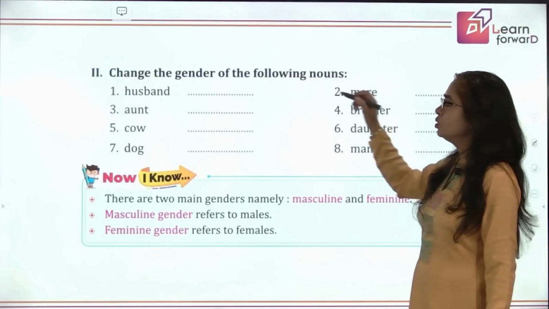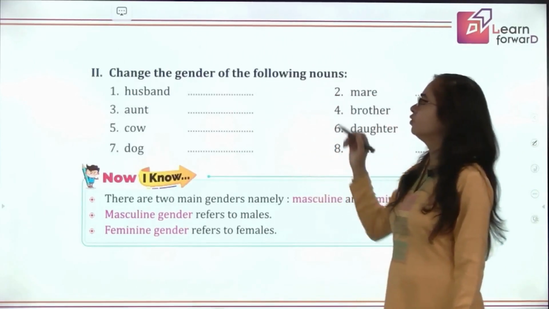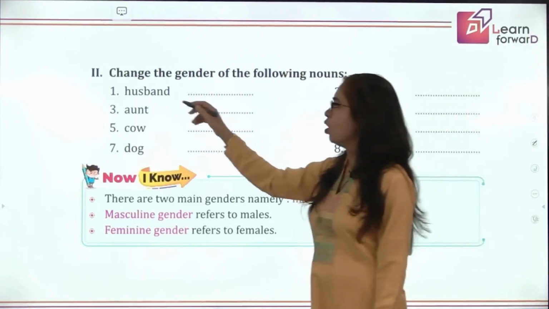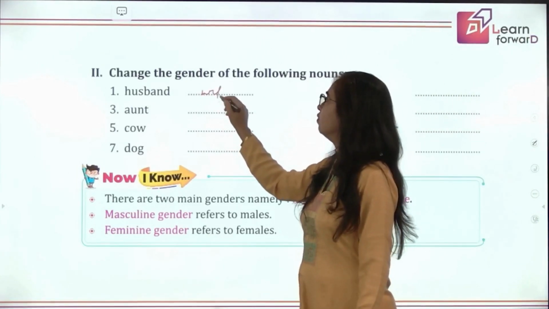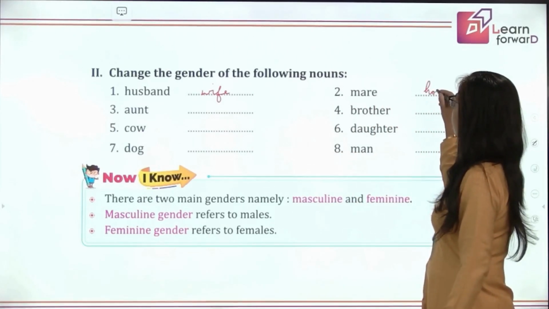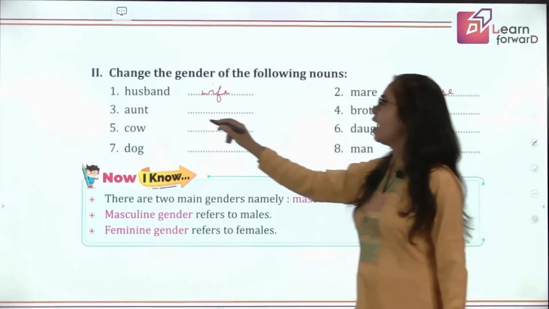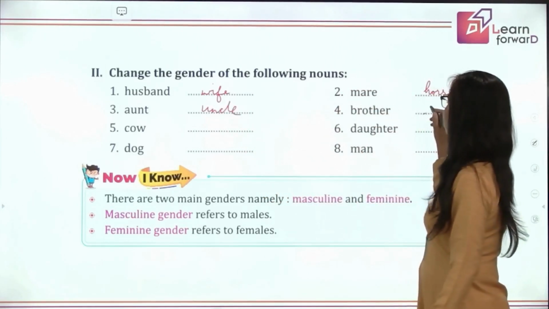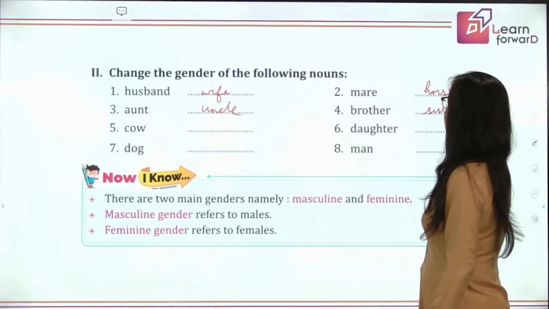It's time to do some exercise. Change the gender of the following nouns. We have already read. We know many of them. Let's recall. Husband, wife, good. Mare, yes, that is horse. Wonderful. Aunt is uncle. Brother is sister. So it's very easy for you.